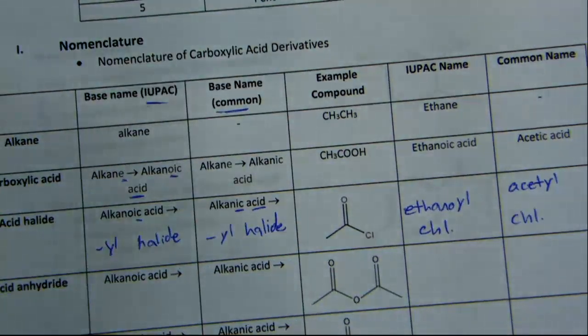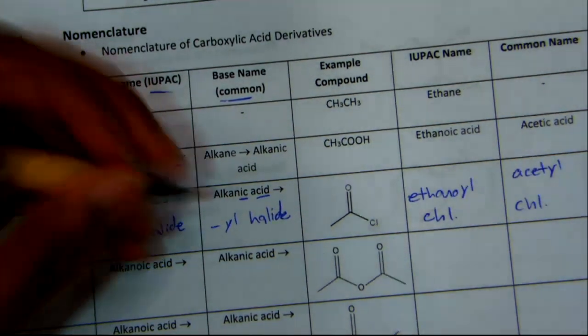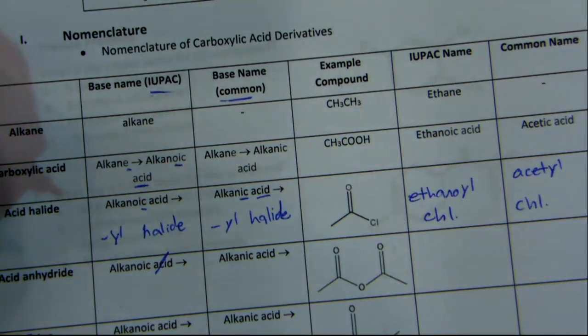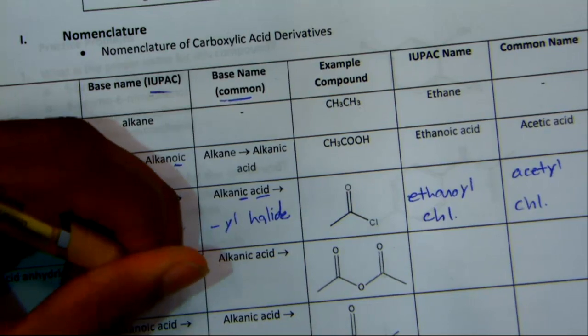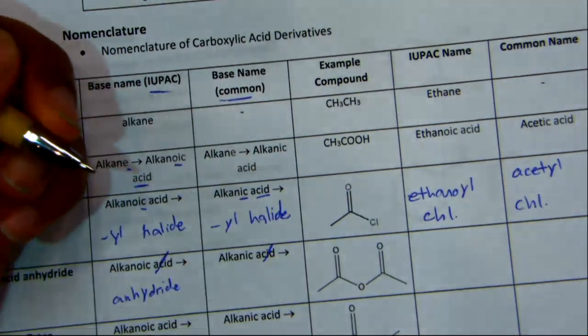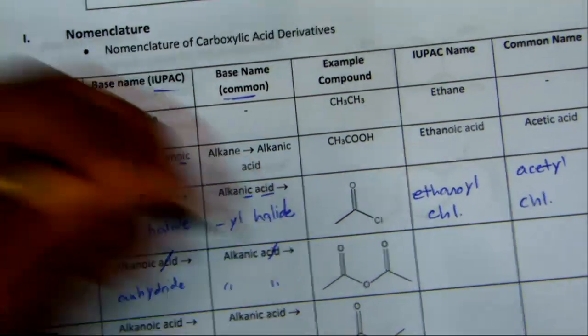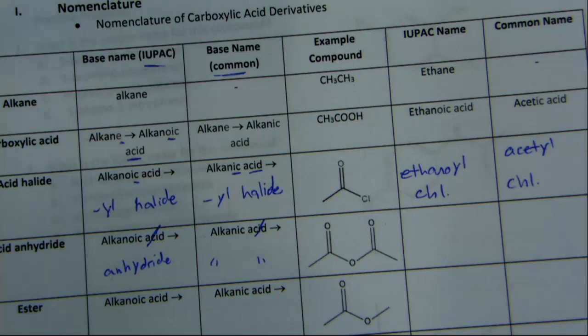Okay, so for the next one, anhydrides are actually pretty easy. You just get rid of acid, and then you just add anhydride. And it's the exact same for the common name. Get rid of that and add anhydride. Is that cool? So in this case, you would do the same thing.